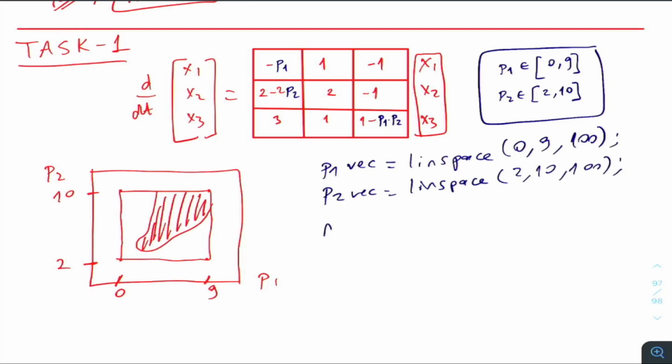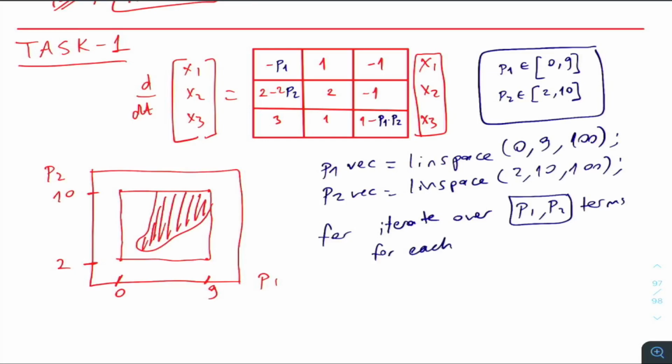And we just iterate over, since we have two vectors, I'm going to call it iterate over e1, e2 terms.